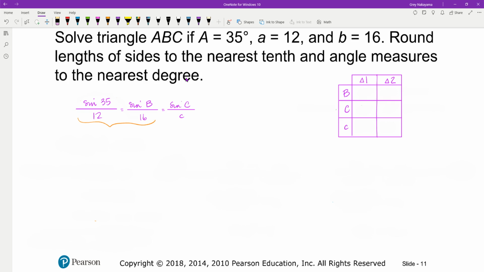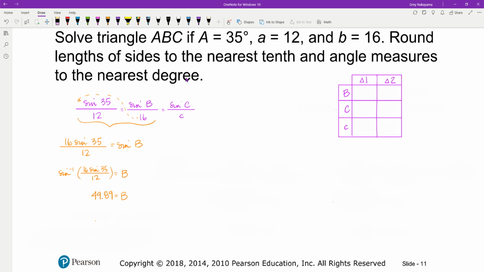So I'm going to multiply both sides by 16, which moves that 16 up there. The sine of B is equal to 16 times the sine of 35 divided by 12. So B is equal to the inverse sine of that mess, and B is equal to 49.89. If you haven't learned anything in Chapter 5, you should know that there's more than one angle that has that sine value.